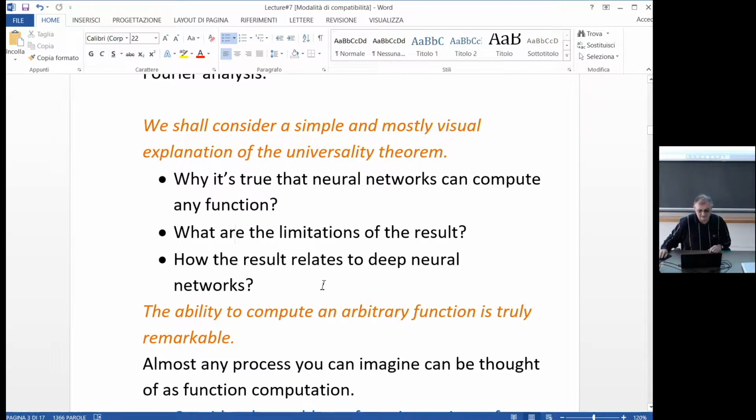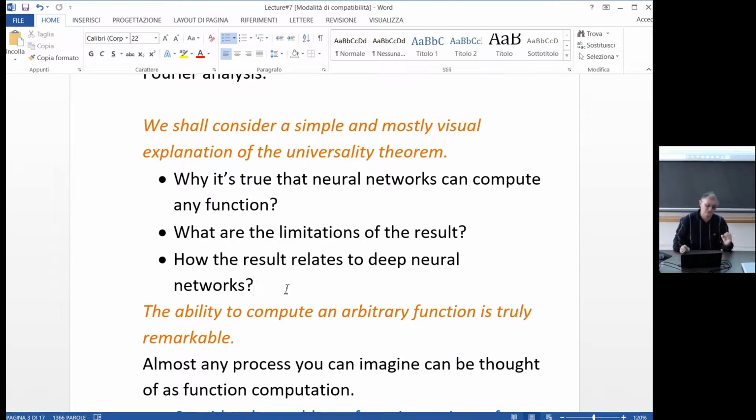And how does the result relate to deep neural networks? First of all, we shall construct this neural network. What is the grade of it? It is not deep. It has only one hidden layer.